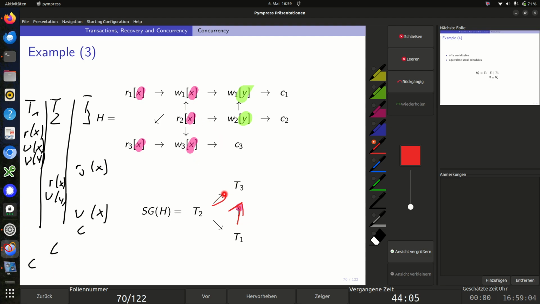T2 now, this would be the second one. And regarding the y, we only have 2 before 1. So again, we have another dependency. But actually, there would also be a serial order possible.